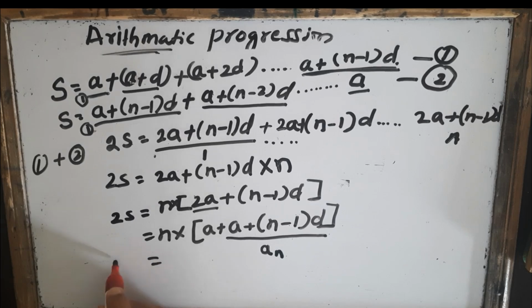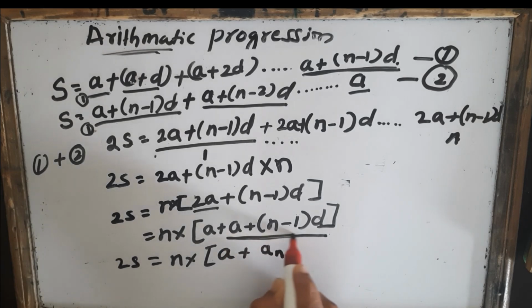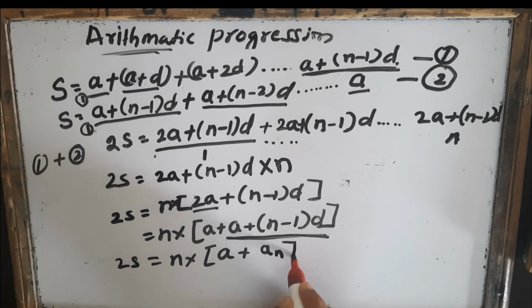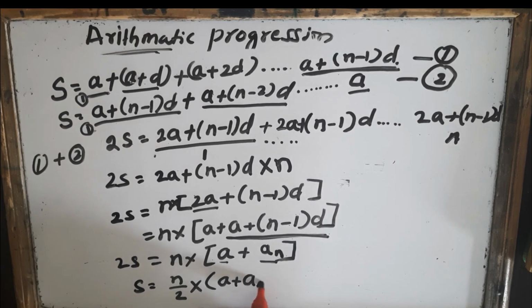That means 2S is equal to n into a plus a_n. This is the first digit and this is the nth digit. Now S is equal to n by 2 into a plus a_n. This is the sum of the arithmetic progression.